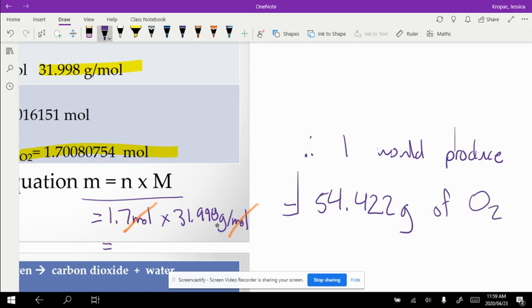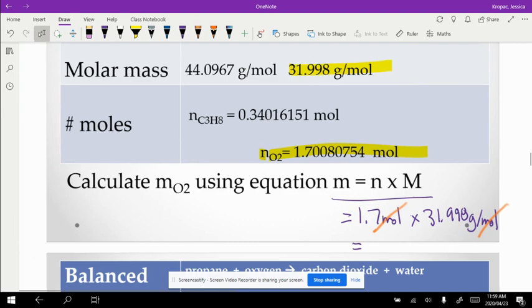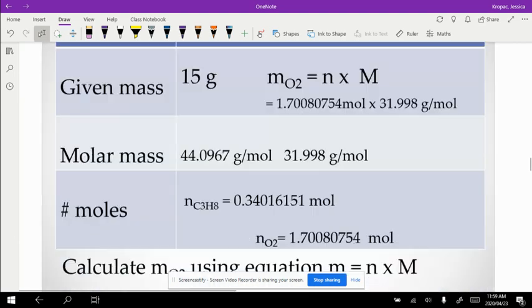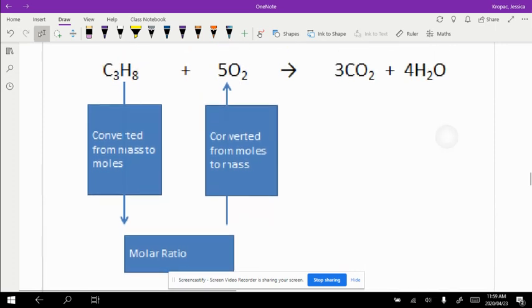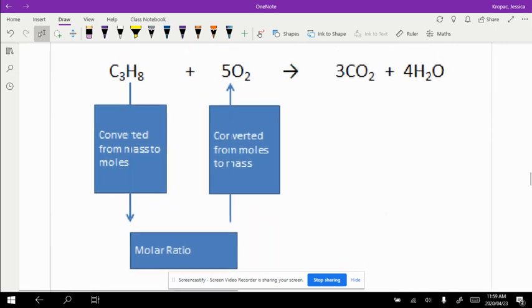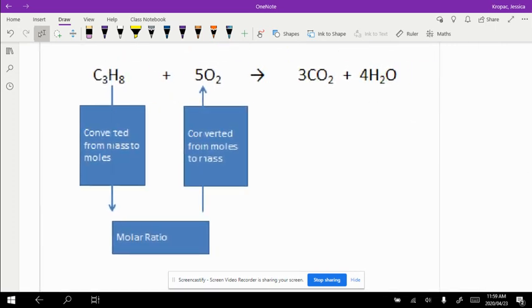So that's it. We can round that to 54, right? We have 54 grams of oxygen. So let's go through and summarize, using this nice little chart here, everything that we just did. So a great summary of stoichiometry can be shown here, and these are the steps that we took. Before we actually started, we balanced our chemical reactions, so we can see that we put our coefficients there.